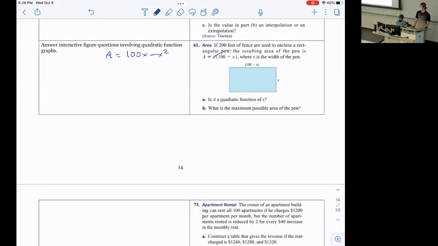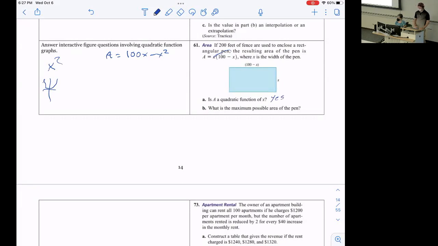Anybody? Is it X squared? It is X squared. So if we see an X squared, we know that's going to be a quadratic function. Because our graph, no matter what, is going to be some variation of X squared, which is our parabola. So it would be quadratic. So A would be yes.